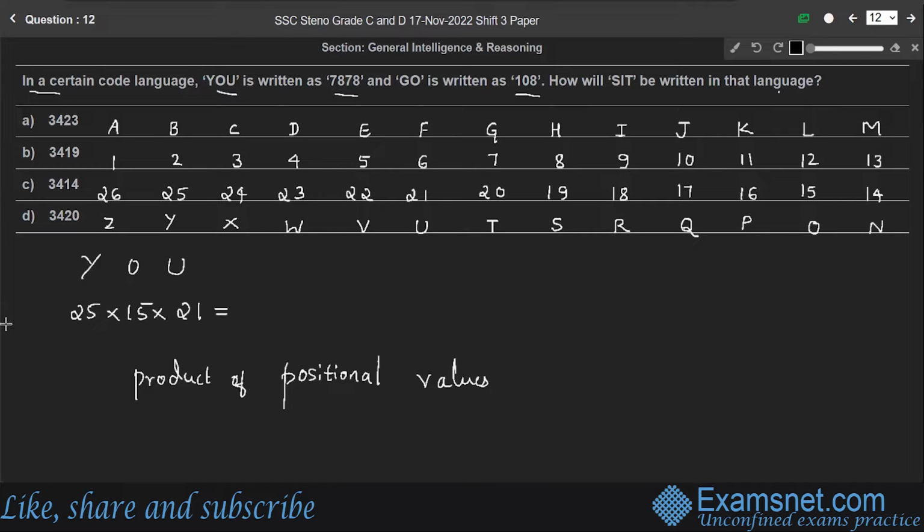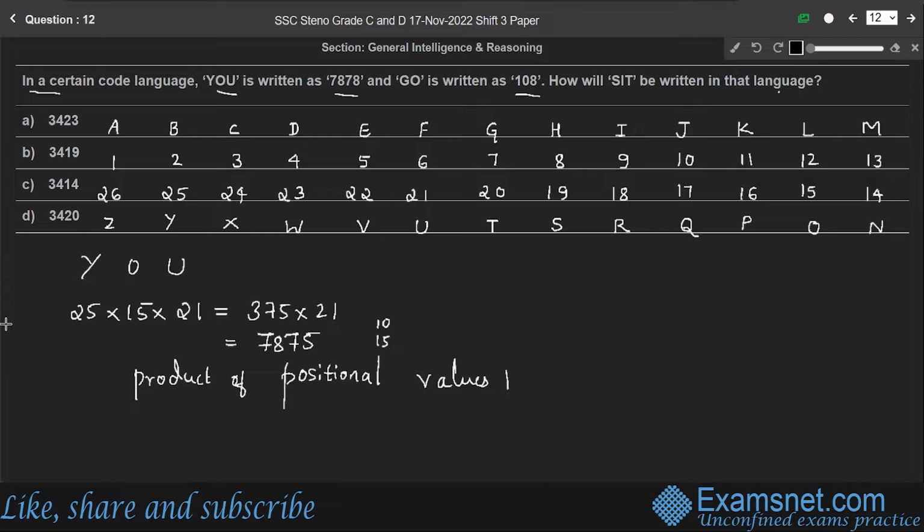So 25 into 10 is 250, 25 into 5 is 125, so 375 into 21. 21 into 5 is 105, 21 into 7 is 147, plus 10 is 157, and so on, it gives 7,875.